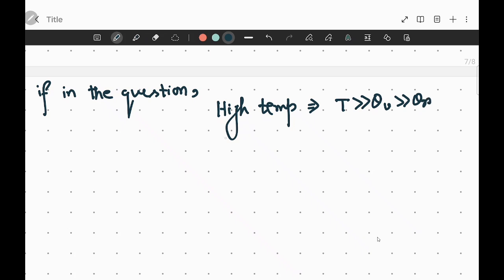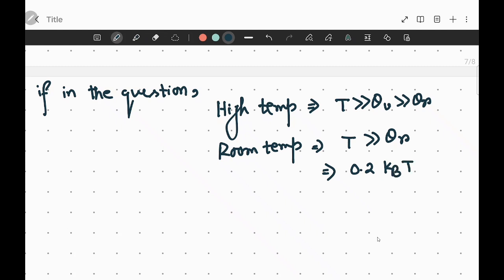If it is room temperature, then it is greater than theta r. So you have to consider translational and rotational motion, and also you can consider the vibrational motion, but it will be 0.2 kBT instead of kBT.